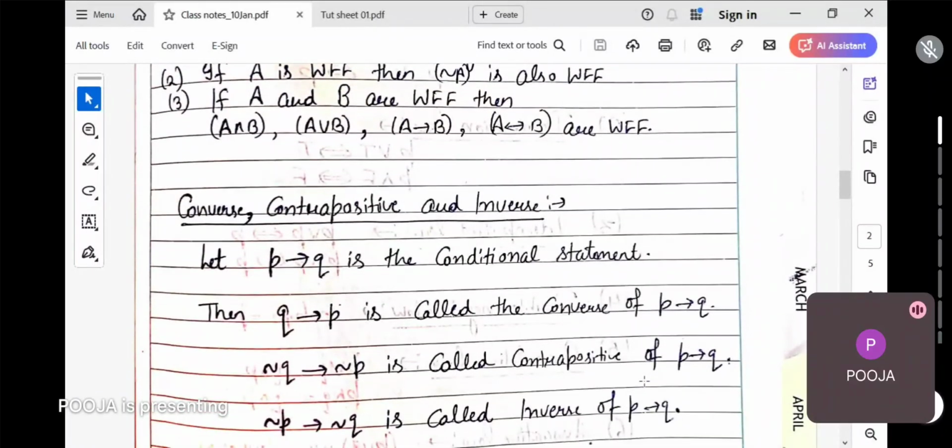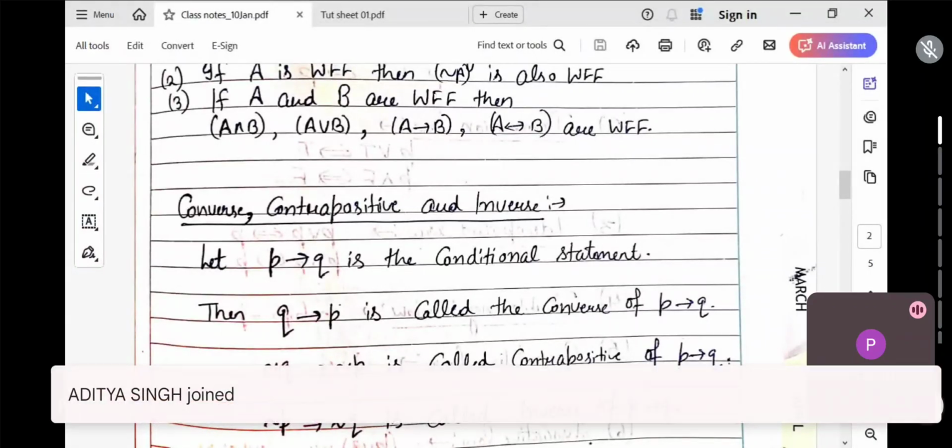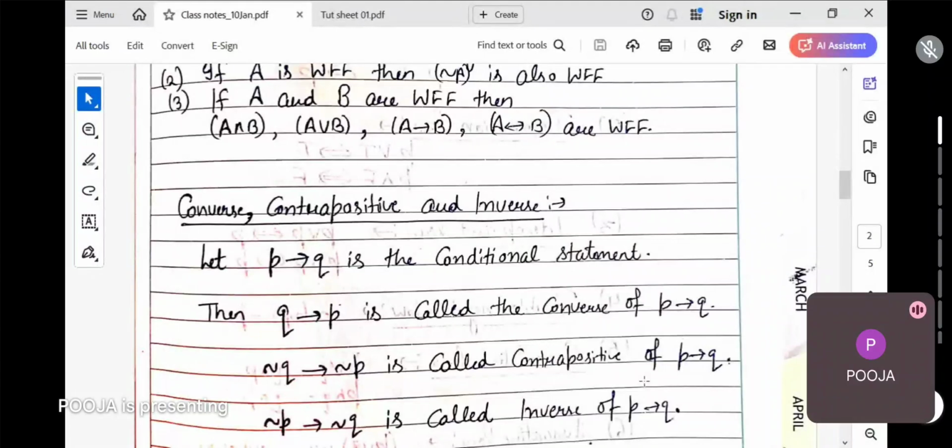Next is based on the conditional P implies Q. All of you know that differentiability implies continuity. So if a function is differentiable, then obviously it is a continuous function. But if a function is not continuous, then we don't need to check the differentiability of that function. Differentiability implies continuity, not continuity implies not differentiability.